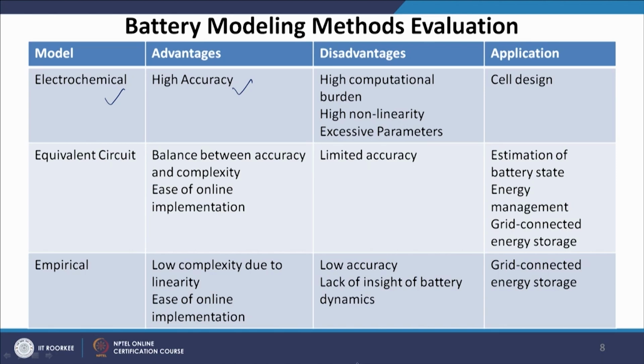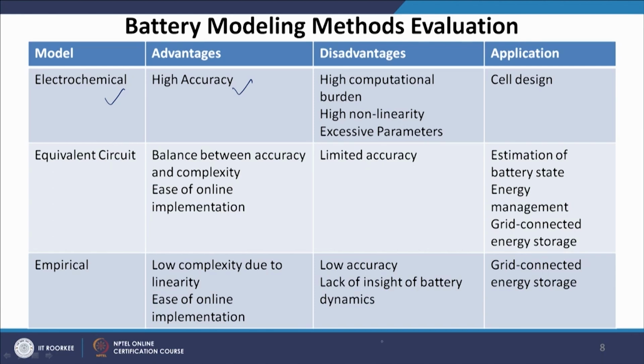And the equivalent circuit model is a balance between accuracy and complexity, with ease of online implementation, and the problem here is limited accuracy. Applications include estimation of battery state and energy management, and grid connected energy storage.